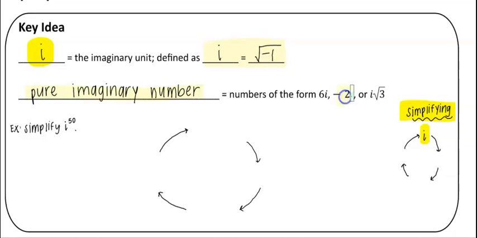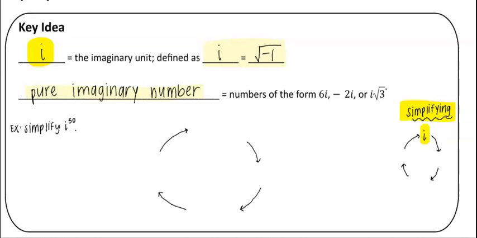It could be an i multiplied by an integer like -2, or it could even be an i multiplied by a radical like square root of 3, but it's not going to have like 6i plus 2 or something like that. That's something else different called a complex number, where it has a real number part and an imaginary number part. For now, we're just going to keep it simple. It's just one term, 6i, or just -2i, or just i square root of 3.